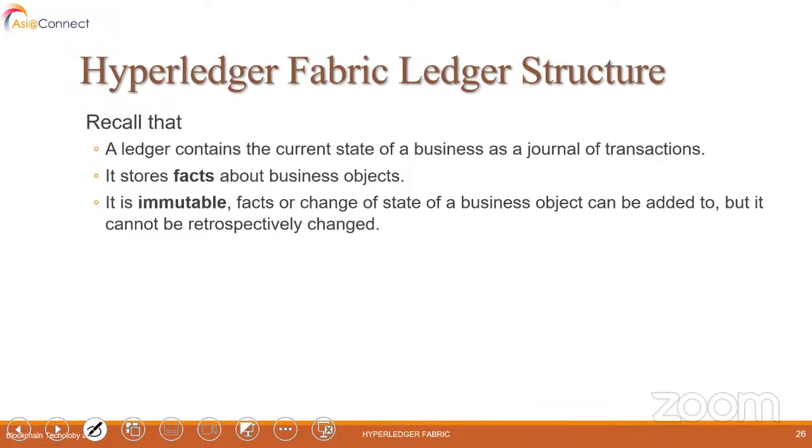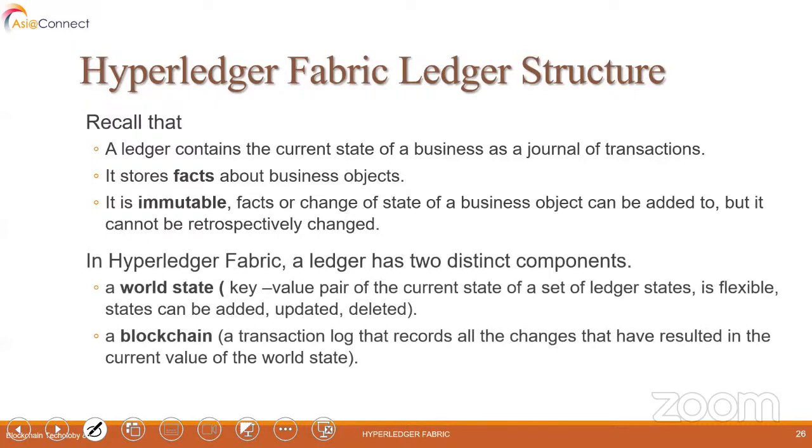So similarly, in Hyperledger Fabric, a ledger has two distinct components. One is a world state. It's a key value pair of the current state of the set of ledger states. It is very flexible, this world state. Its states can be added, updated, deleted. But then there is a blockchain. You know that it's a transaction log that records all the changes that have resulted in the current value of the world state.